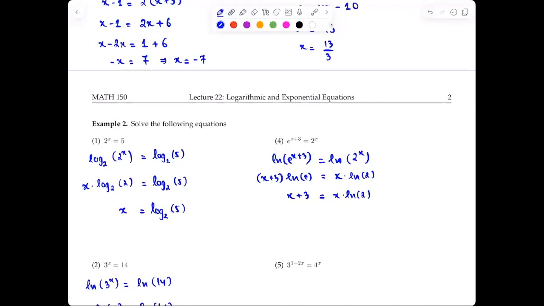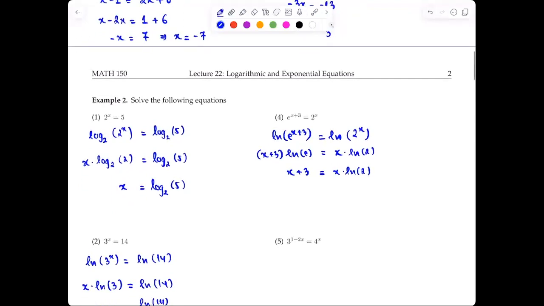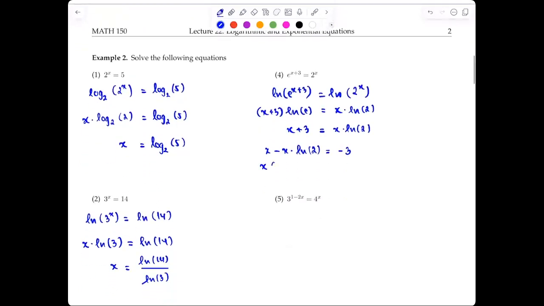But now just group everything related to x on one side of the equation. The equation becomes x minus x times ln of 2 equal to -3. Then on the left-hand side, x is the common factor, so you're left with x times 1 minus ln of 2 equal to -3.